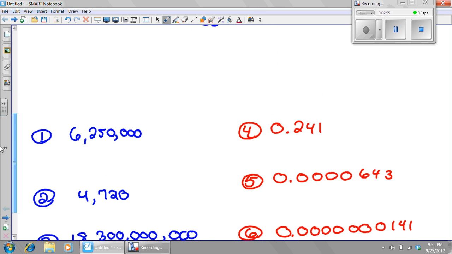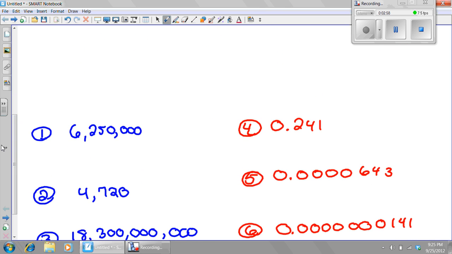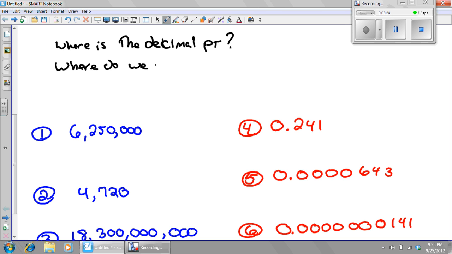Okay, now one thing you need to know is, well, actually two things: where the decimal point is and where you want the decimal point to be. So where is the decimal? And where do we want it to be?